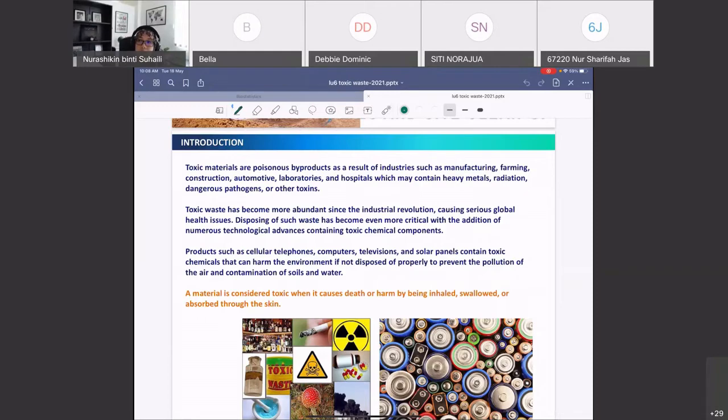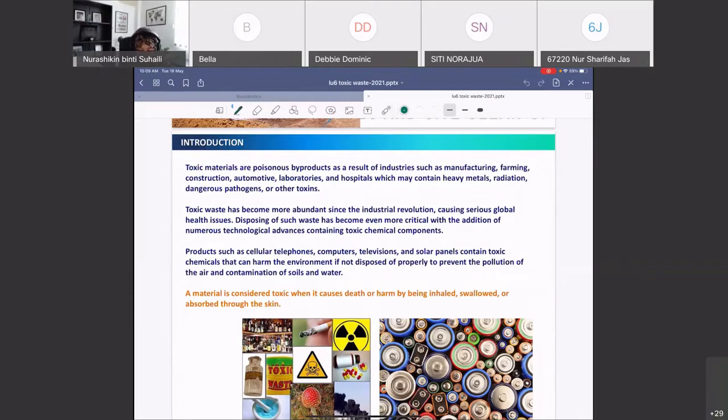For example, the creation of chemicals like toiletries, detergents, the chemicals used in the laboratories. There are so many actually. One of them is also electronics, such as cellular phones, computers, televisions, and also solar panels. They also emit toxic chemicals that can harm the environment if they are not disposed of properly.